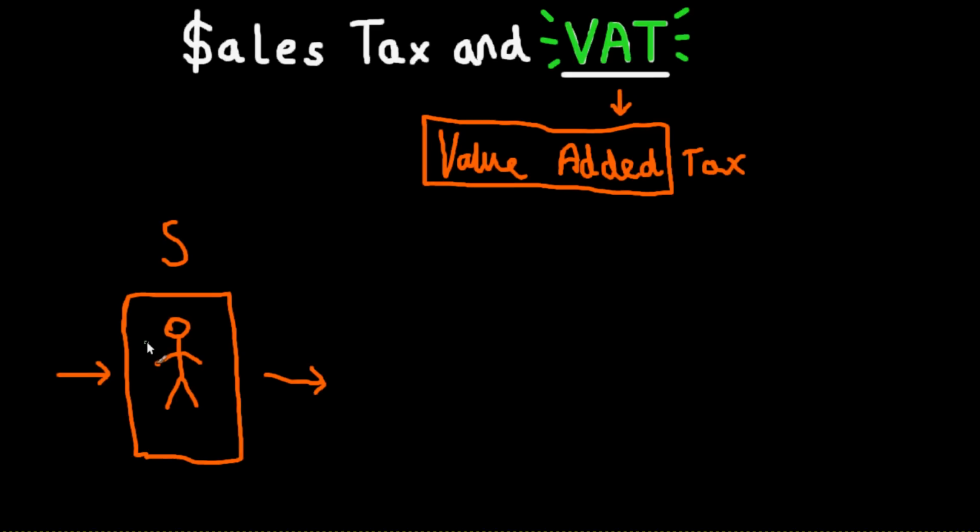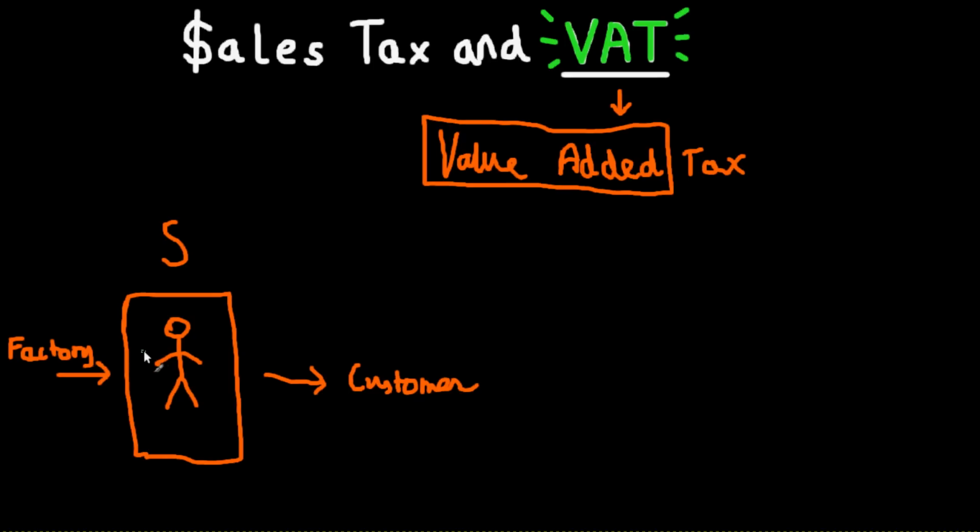So over here we can write factory or manufacturer, you could write anything, and on the right hand side you have customer. Now in most cases there'll be another one or two links in between, maybe a trader or another distributor or a wholesaler, but just for simplicity right now I'm taking just one person in between.